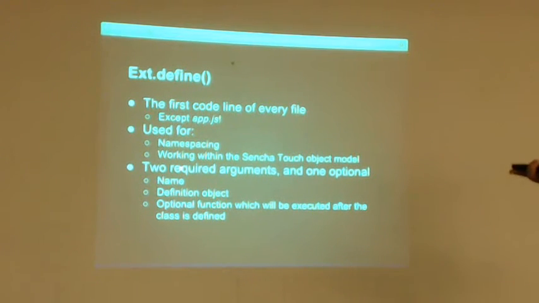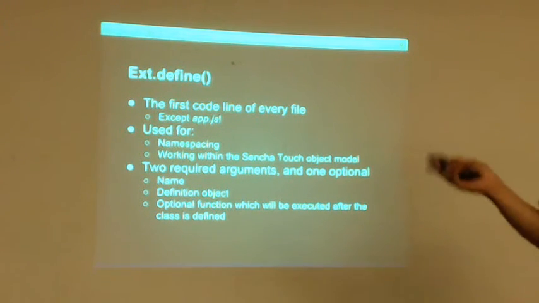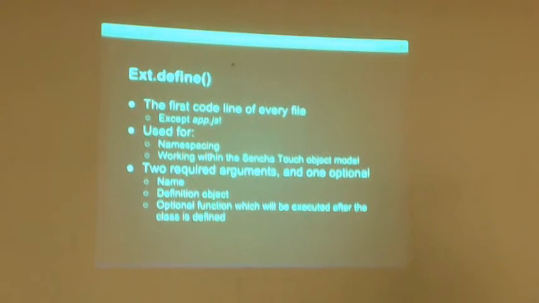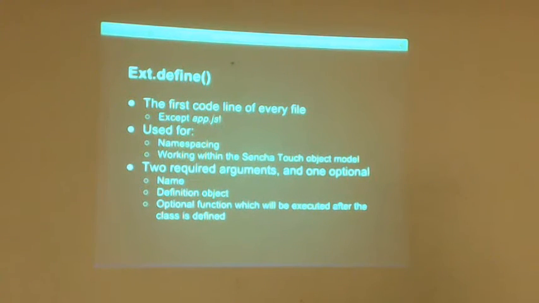So this name is the fully qualified name, and then there's the definition object, which I will go over in a minute, but it's very similar to the application definition object, except it's called config, and it has a config section in it, which is very special all by itself. And then the third argument is an optional function, which will be called after this is initialized.